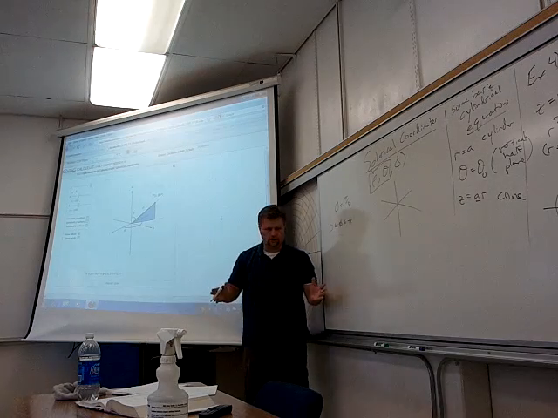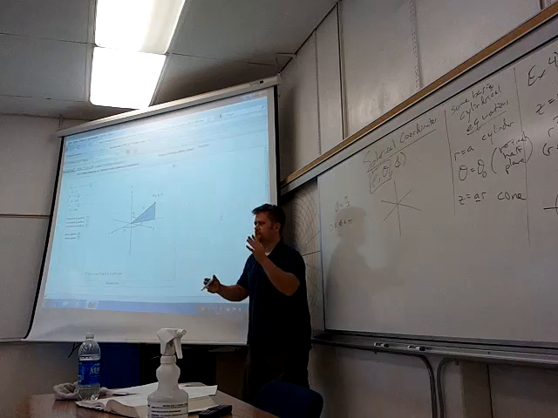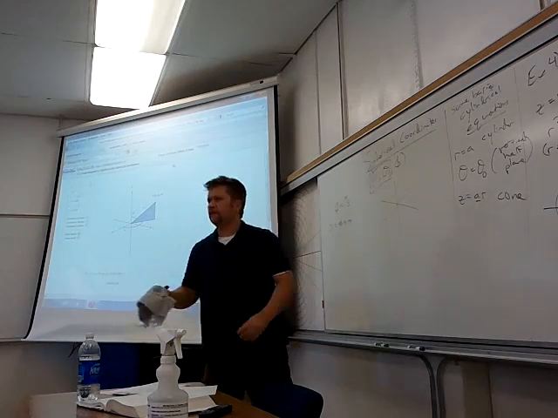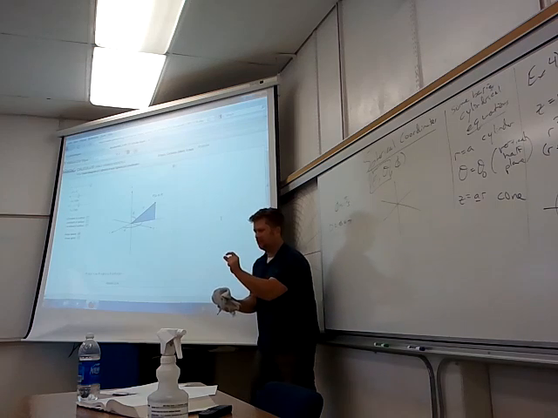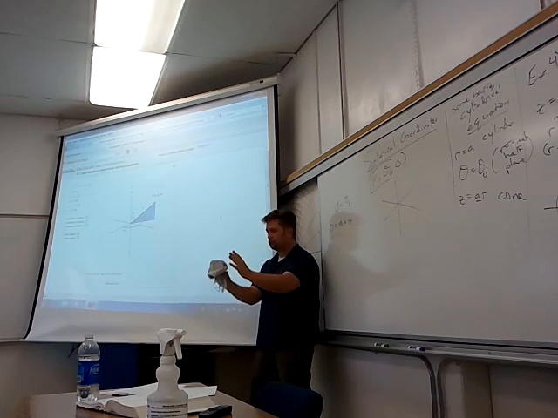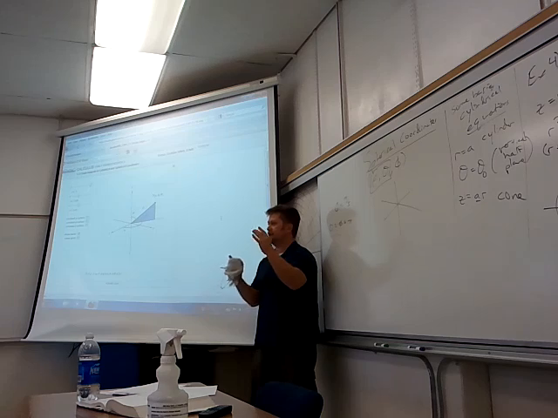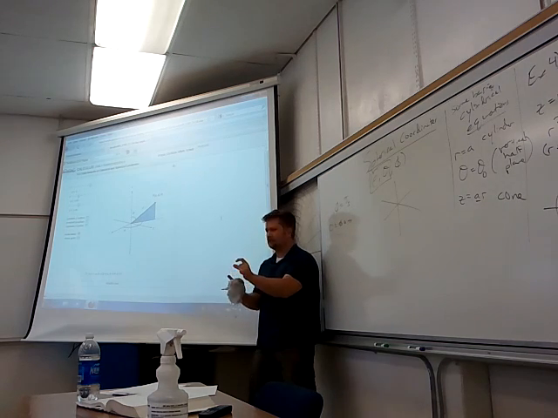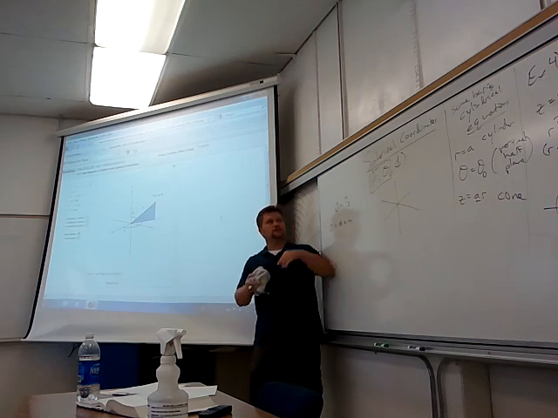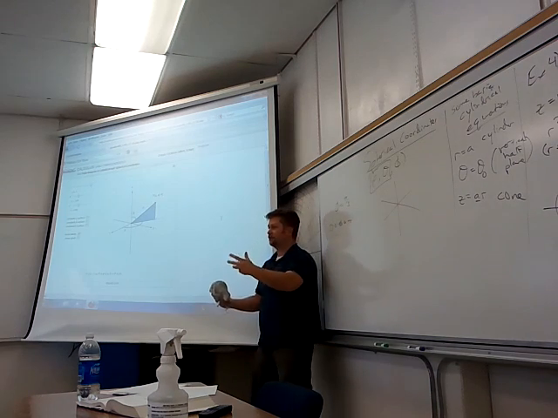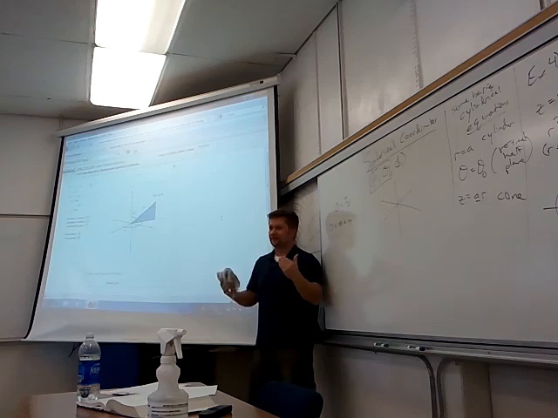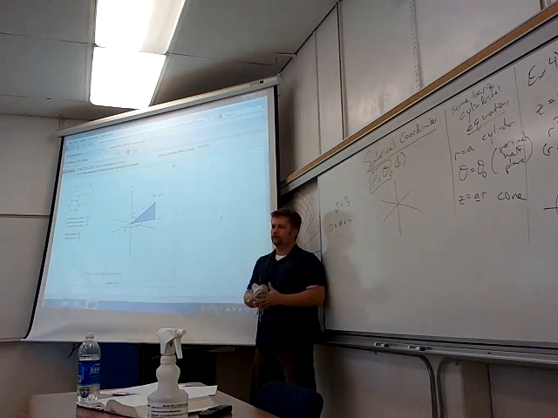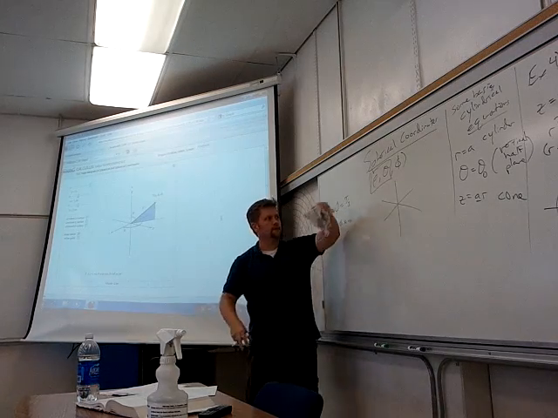Tell somebody to move, turn this way, move that way, go that way. Some of them are incredibly funky and they're only used for a specific type of function. If you use those coordinates, integrals are easy as hell for that kind of function. You would never use it except for that specific kind of function. So obviously spherical should work really well, for example, for spheres. But anything that has that symmetry to it should work really well with the spherical coordinate system.